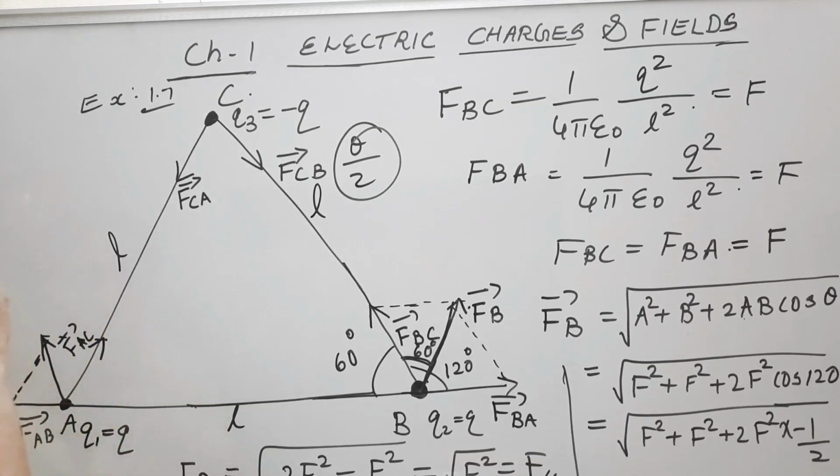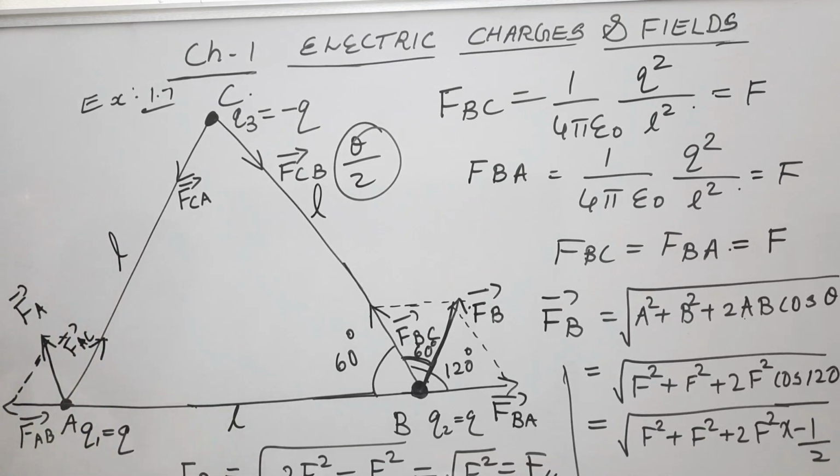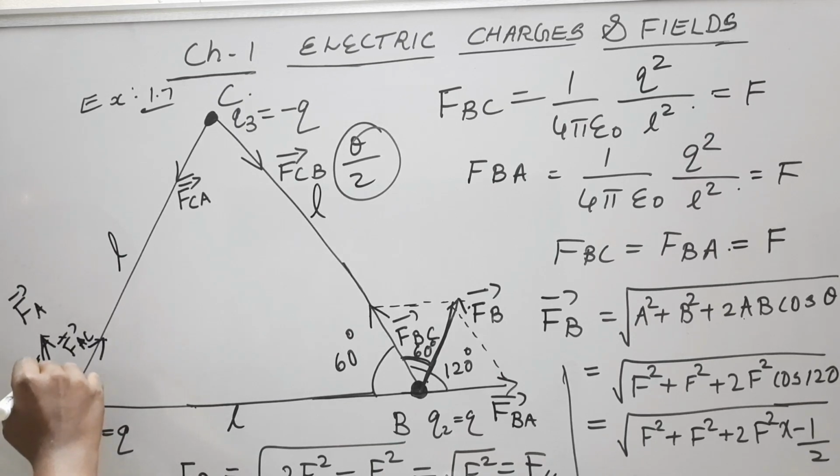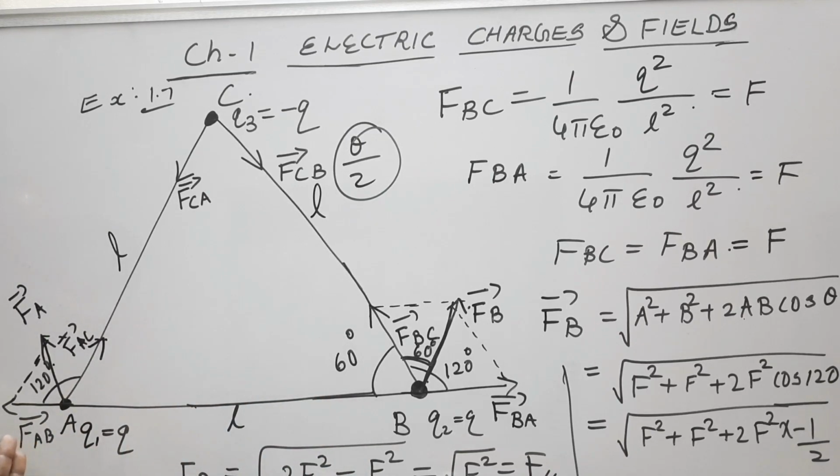This is the net force, and let's mark it as FA, the net force acting on the charge at A. Here also the two vectors are inclined at an angle 120 degree. In the same way, whatever we spoke there, we can find the net force in the case of A also.